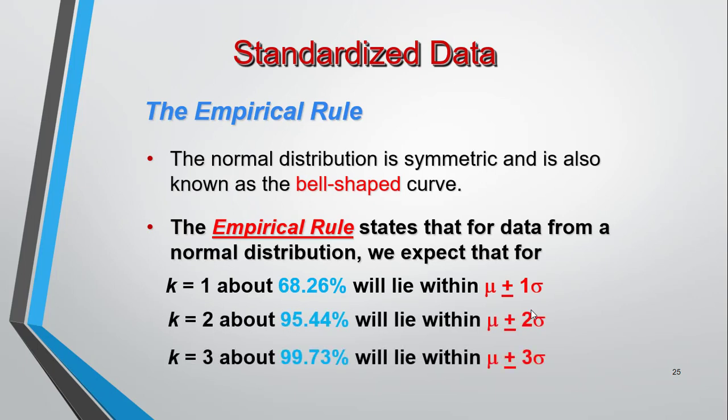Then there's the empirical rule. The empirical rule applies to the normal distribution, which is symmetric and also known as a bell-shaped curve. You've probably heard about the normal distribution or bell-shaped curve. The empirical rule says that for data that follows the normal distribution, we expect that for k equals 1, about 68.26% will lie within 1 standard deviation, 95.44% will lie within 2 standard deviations, and 91.73% will lie within 3 standard deviations.